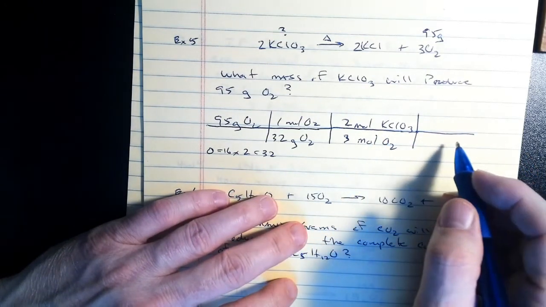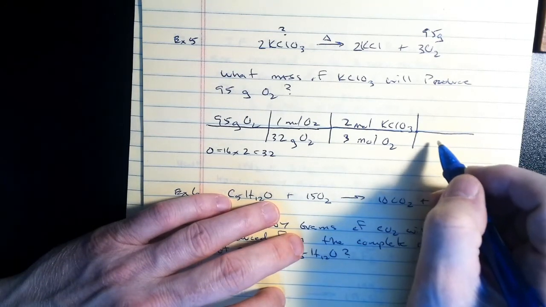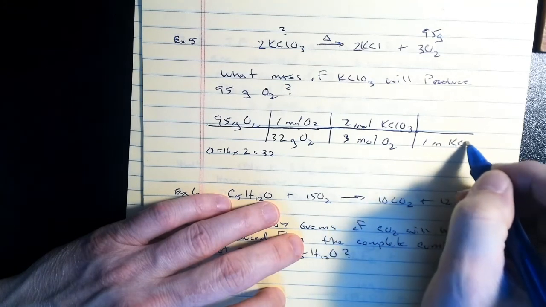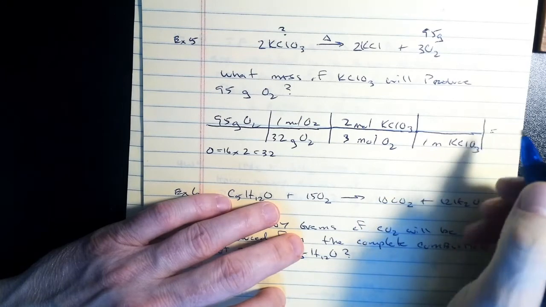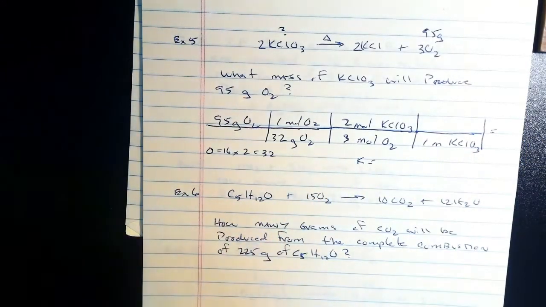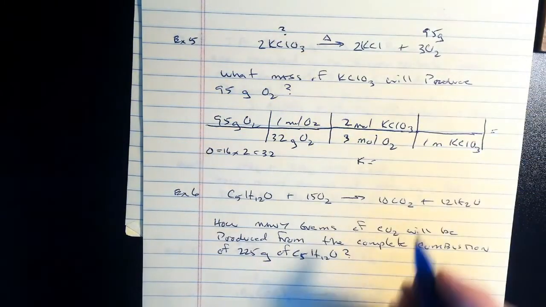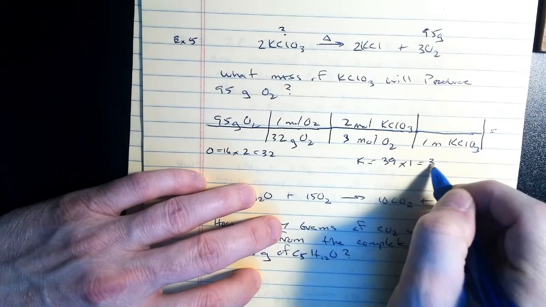So now we're going to add this up for real. So in 1 mole of potassium chlorate, KClO3, we're going to have so many grams of this. So we got to do this here. So K is equal to, let's look at the periodic table, 39.10, we'll call it 39. 39 times 1 is equal to 39.